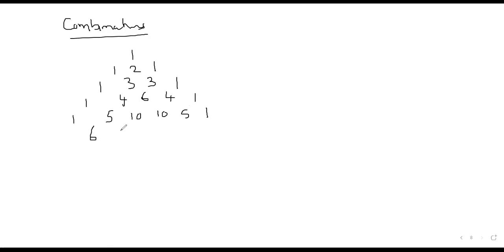Then here we have what? 15, 20, 15. You're just adding the answers and putting them in the middle, in the gaps. Then you close. Then here what do we have? 7, 21, 35, 35, 21, 7. You close with the 1s.